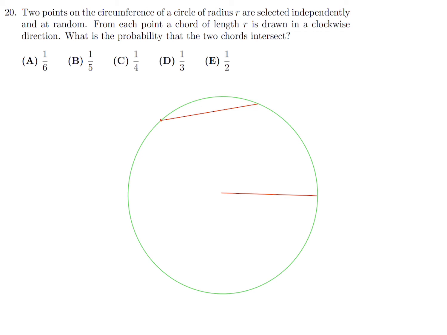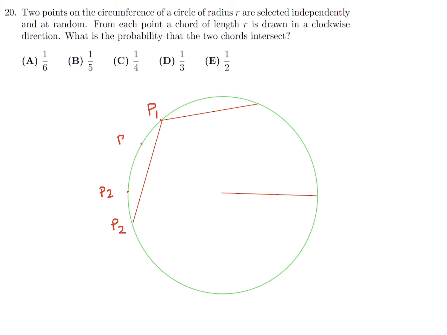Now, I've got to draw another chord that intersects. The only way that is possible is if that chord is starting from a point that is in this region, and I'll show you. If this is P1, if P2 is here, you notice that the chords don't intersect. But once P2 starts in this region, it will. So for example, if P2 was here, then that chord will intersect.